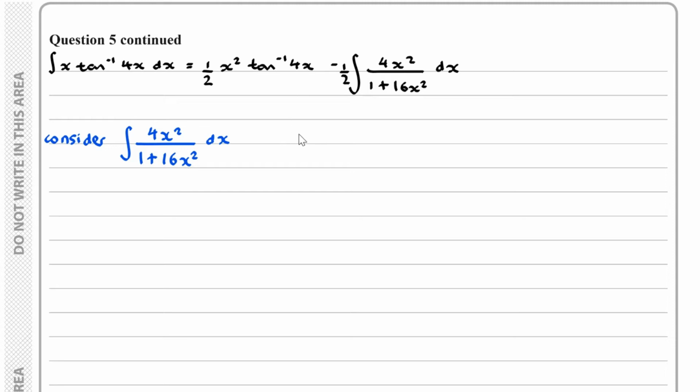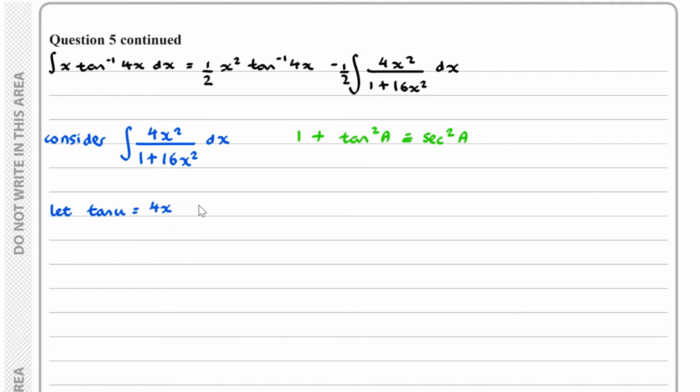So let's think about one of the identities, 1 plus tan squared a being equivalent to sec squared a. Hopefully here you can see, matching everything up, the substitution we will make is tan u equaling f of x, which is 4x, because here we've got f of x squared, which is 16x squared, so f of x is equal to 4x, over a, which is 1.